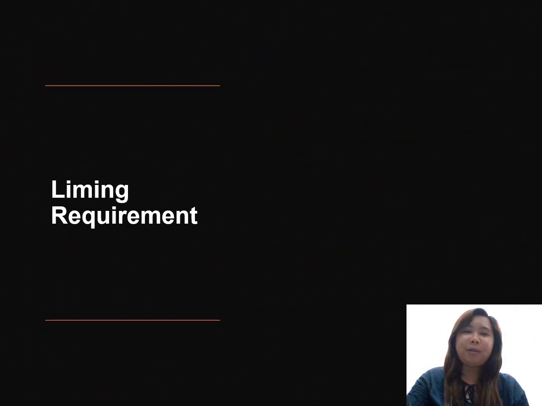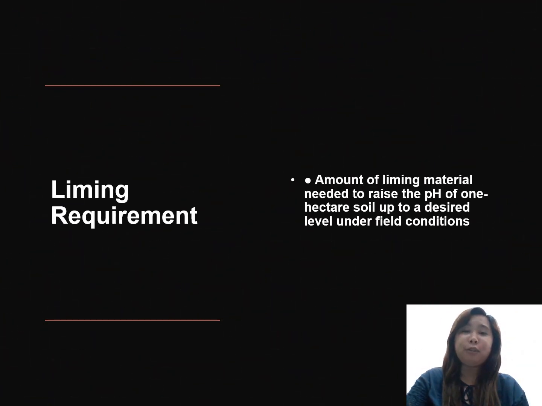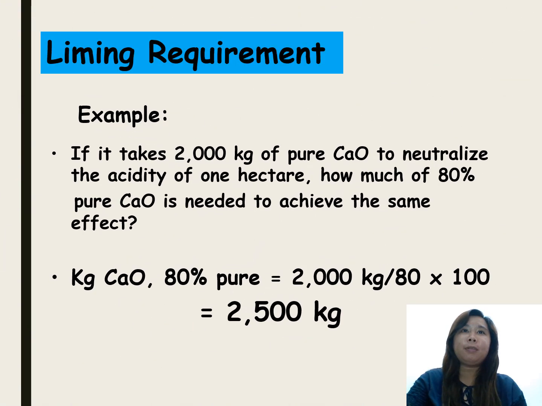When you say liming requirement, it is the amount of liming material needed to raise the pH of 1 hectare of soil up to a desired level under field conditions. For example, if it takes 2,000 kilograms of pure calcium oxide to neutralize the acidity of 1 hectare, how much of 80% pure calcium oxide is needed to achieve the same effect?